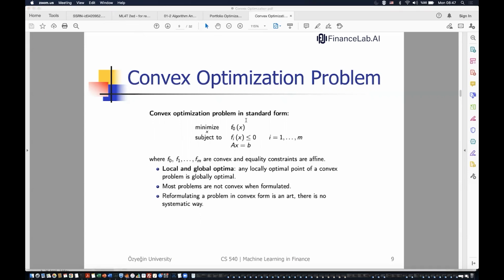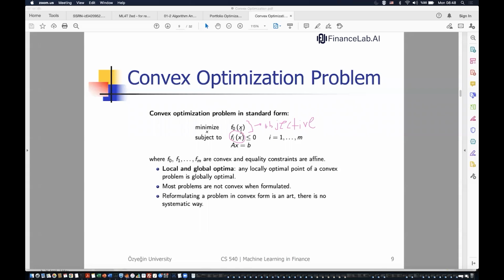And in this case, similarly, we have f0(x). This is the objective function. And for the constraint fi(x), we have convex constraints. We have fi(x) smaller or equal than 0, m such constraints, and all fi should be convex. So in order for the problem to be convex, all the constraints as well as the objective function should be convex.